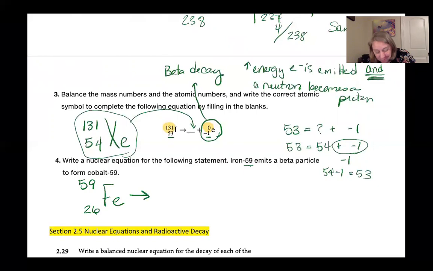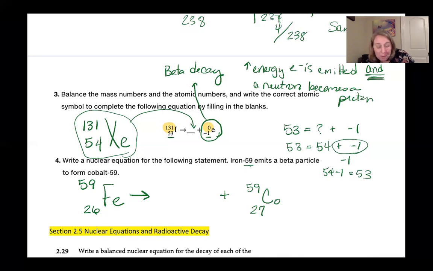Okay, yields. We know we're making a beta particle. Well, we'll just leave that off for a second. And cobalt 59. So cobalt is abbreviated Co. And we know it's 59. So that's our mass number. If you go look on the periodic table, you should get 27 for our number of protons. So now we're emitting a beta particle.